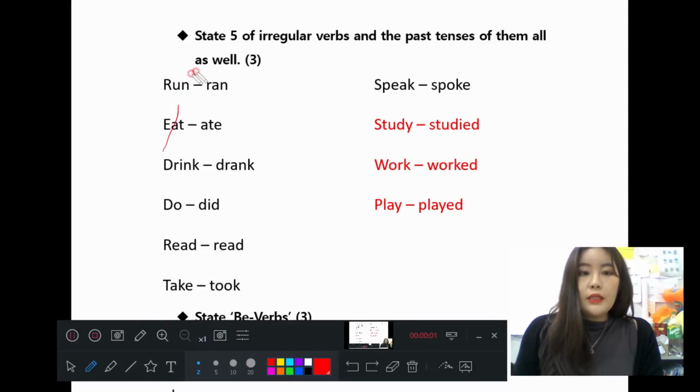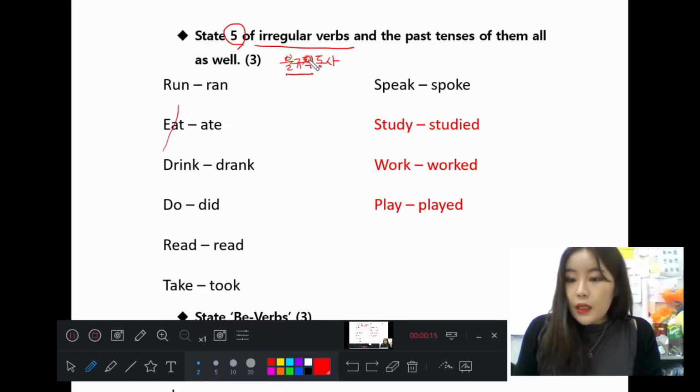Alright, now it says state 5 of irregular verbs, which means 불규칙 동사. I hope you guys remember those. What was the 불규칙 동사? Something that changes randomly, right?